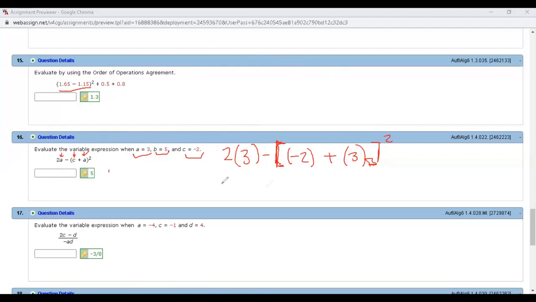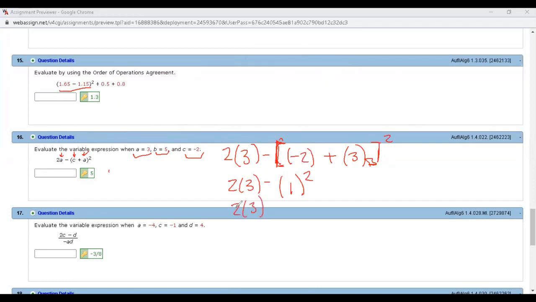Now we can do our order of operations. So inside of these brackets, we need to do -2 plus 3 first before we can square it. So I'm just going to rewrite this. Now -2 plus 3 is +1, and it's still squared.